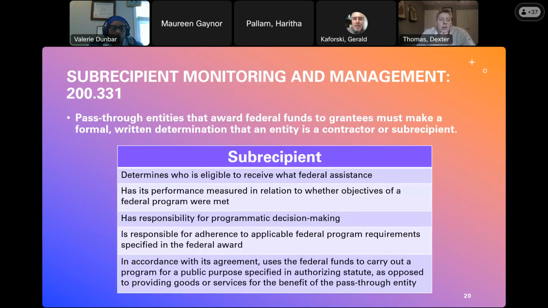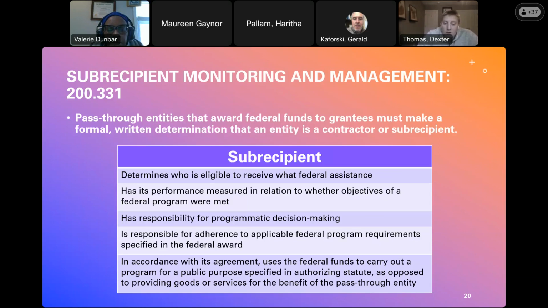Pass-through entities that award federal funds to grantees must make a formal written determination that an entity is a contractor or subrecipient. So a subrecipient determines who is eligible to receive what federal assistance, has its performance measured in relation to whether objectives of a federal program were met, has responsibility for programmatic decision-making, is responsible for adherence to applicable federal program requirements specified in the federal award.